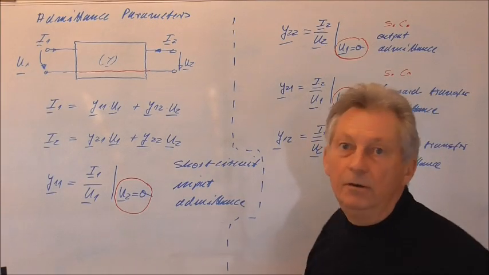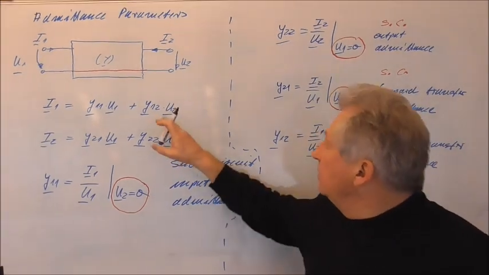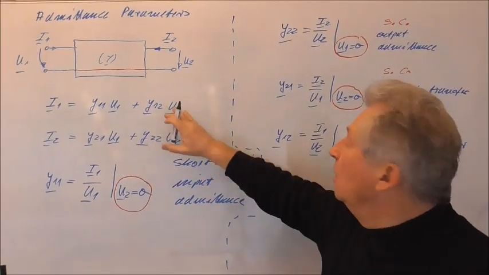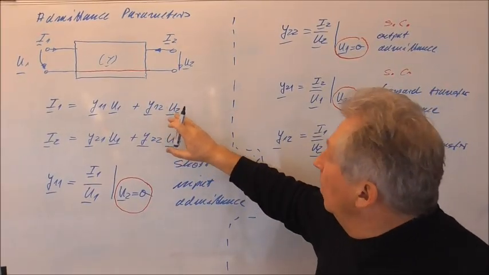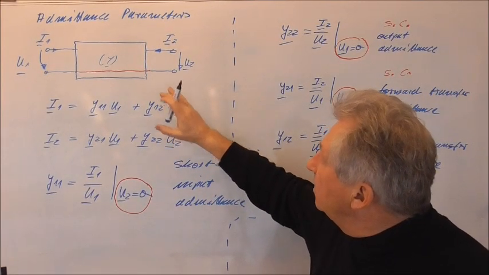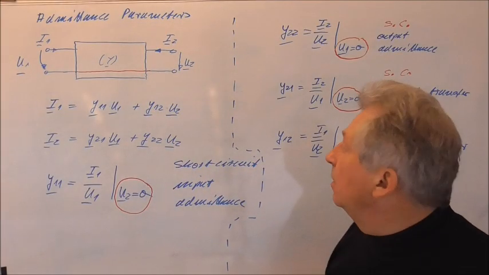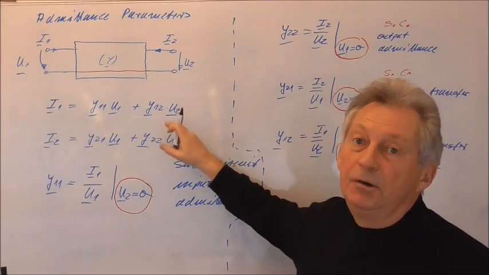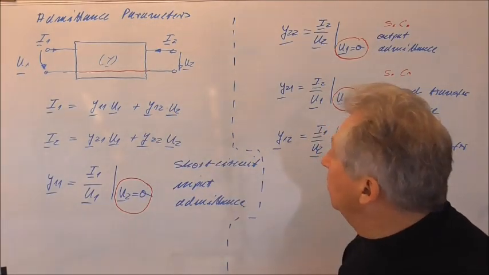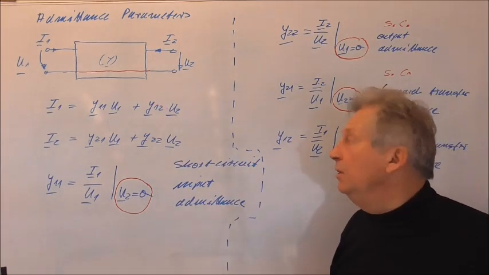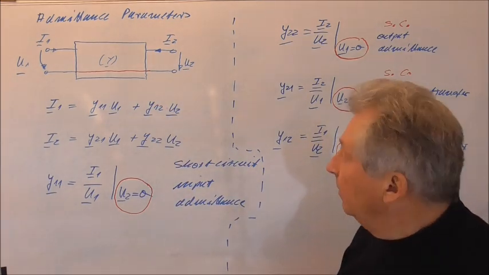And we will later on see in the lecture that this is just the parameter which will be responsible for the point that sometimes a transistor can also become unstable. So normally we want to have this parameter to be as small as possible.